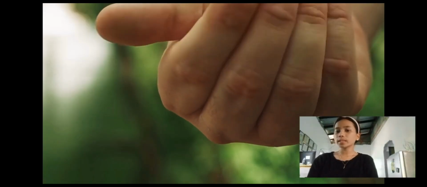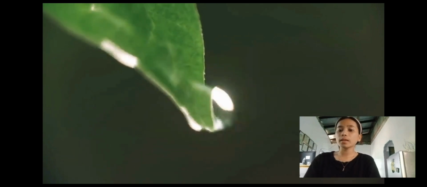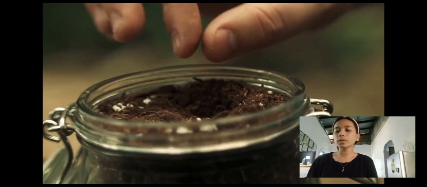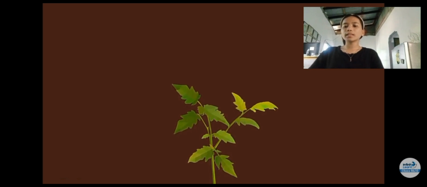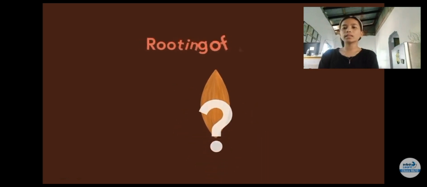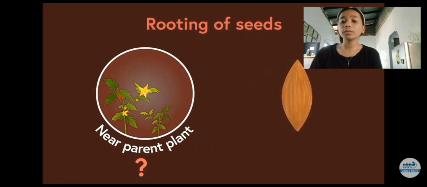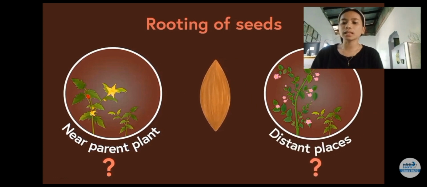For this video, I will discuss all about seed dispersal. Seed dispersal is a mechanism by which plant seeds are transported to a new site for germination and the establishment of new individuals. So my question is, how are these seeds fixed in the soil? Do they always get rooted near the plant from where they arise, or sometimes at a distance as well?